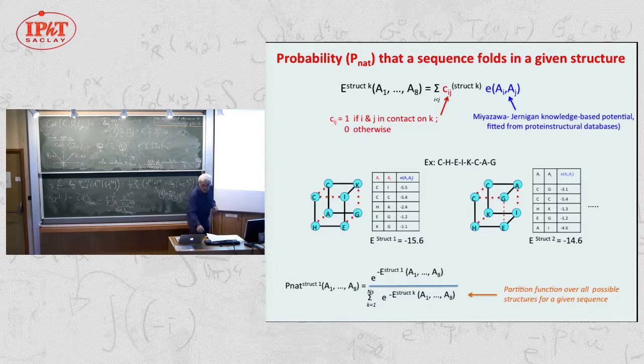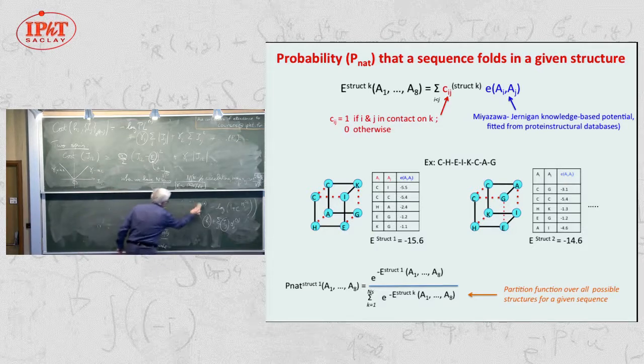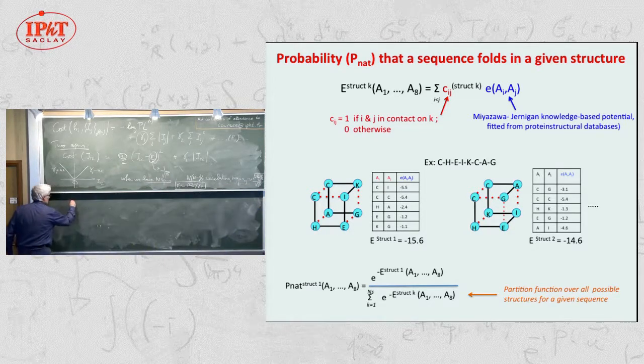Okay, the only important thing here, so let me write this again on the blackboard. It's a bipartite model in some way. I will shortly give you numbers. You have a set of sequences and a set of structures.